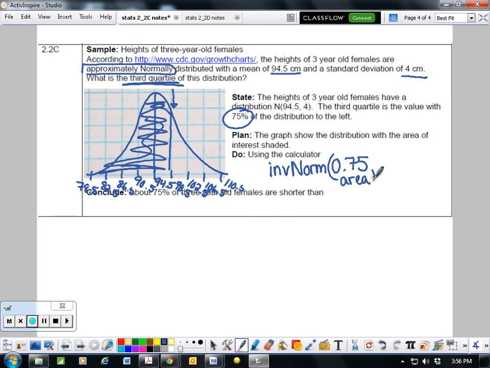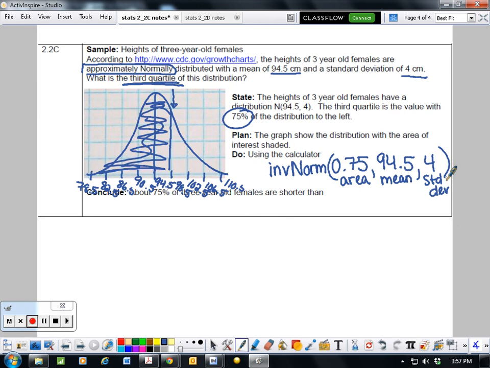And then I'm going to have the mean. So the mean of this distribution is 94.5. And then I'm going to have my standard deviation, which is 4. And that's going to allow us to find that value that's at the 75th percentile.